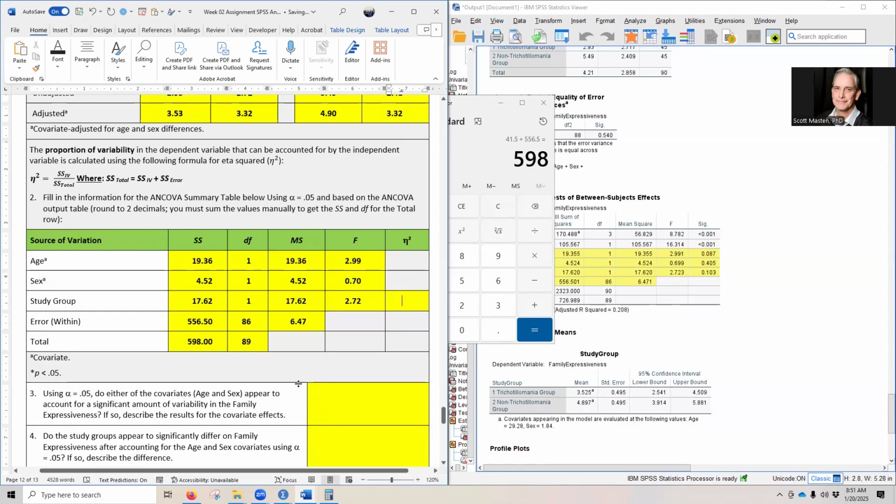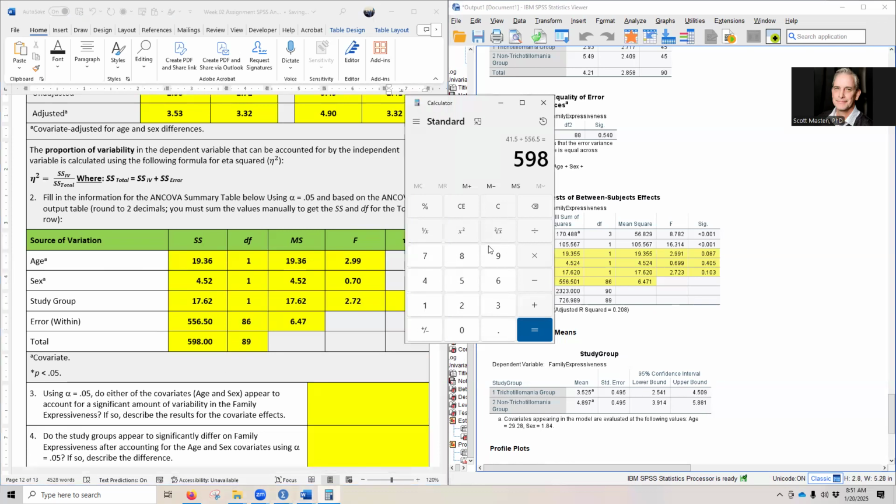Now we do need to get eta squared over here. So not easy. Eta squared, again, there's a formula: it's equal to the sum of squares of that divided by the sum of squares of that plus the error. So I'm going to get the bottom first. What is this plus this to get that sum of squares total? 17.62 plus 556.5 is 574.12.